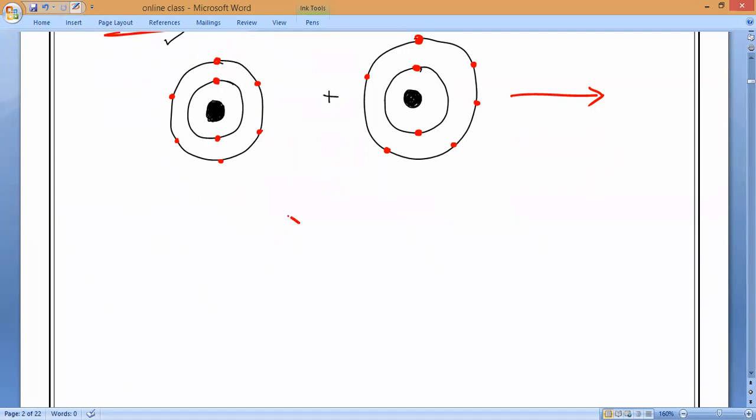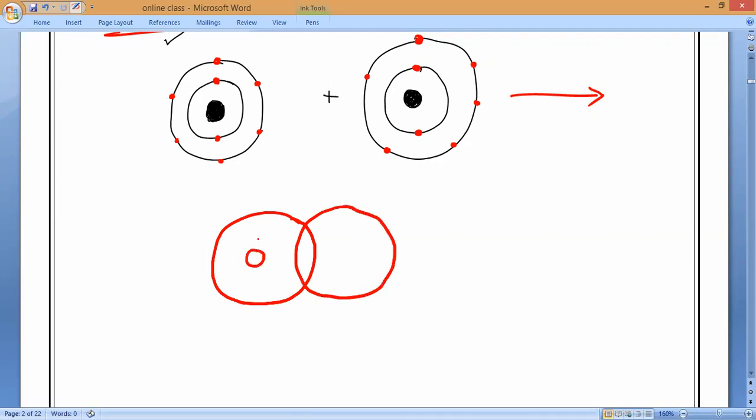So now, observe, they will combine like this. This is the oxygen molecule. They both will come together. If you want, I will draw the nucleus and K shell. Is it okay now? Observe very carefully.